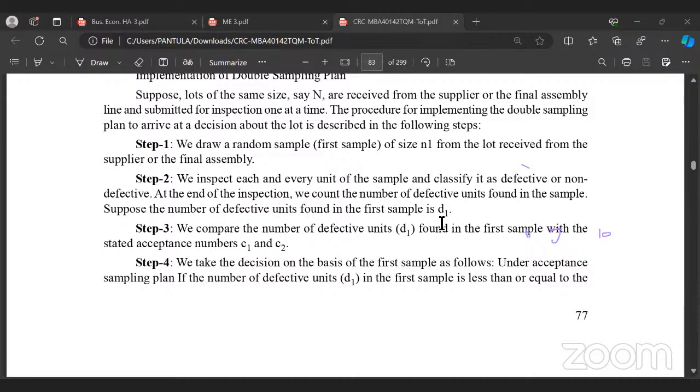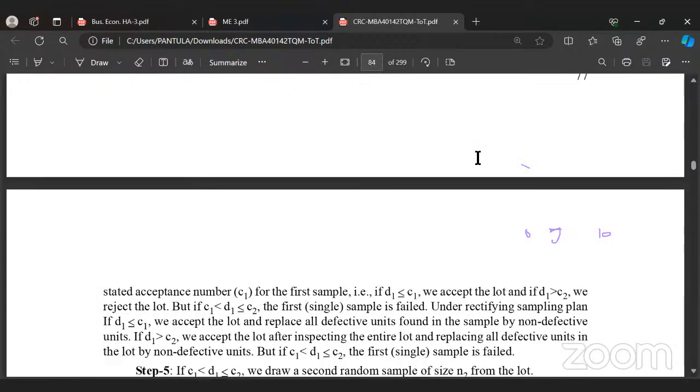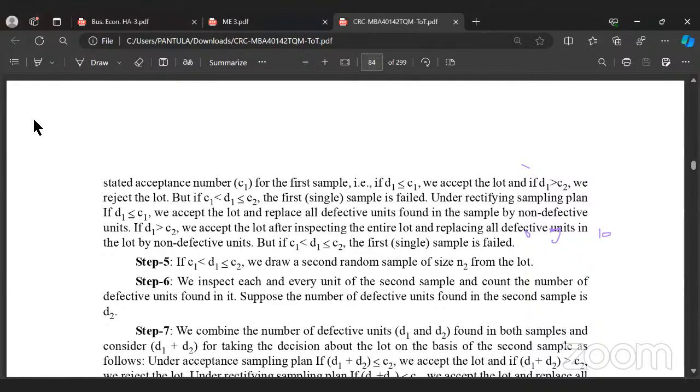So here the defectives are D1, and we compare the number of defective units D1 found in the first sample with C1 and C2. Then we take the decision based on the first sample as follows. Now you can see one logic we will apply here.